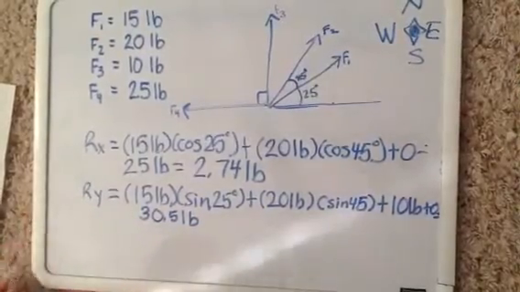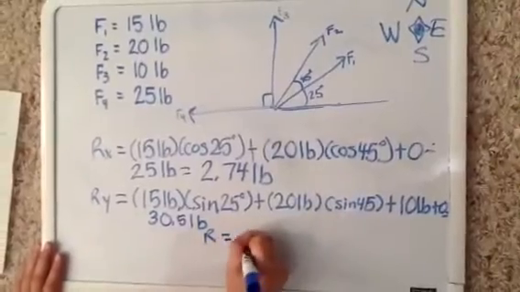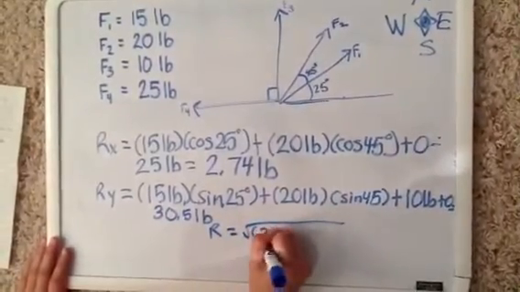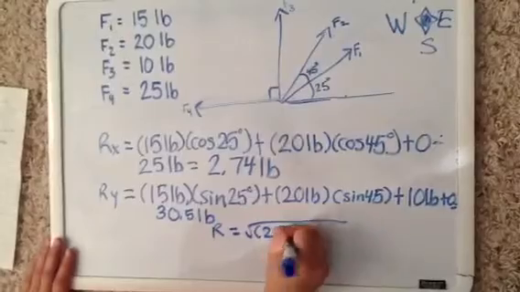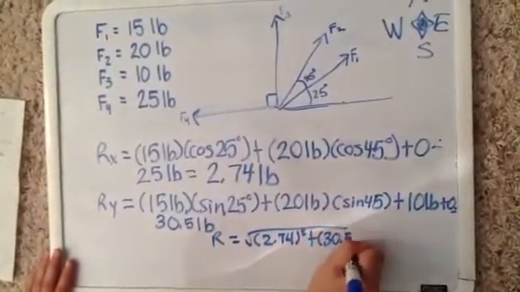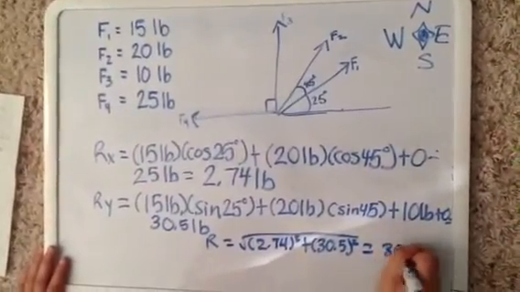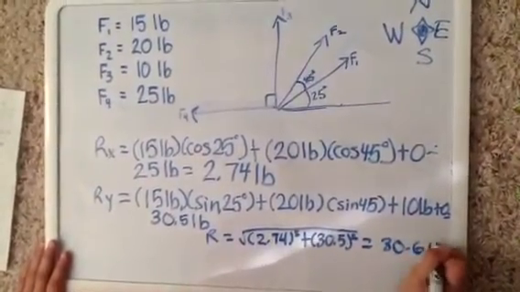Now since we have both the x and the y components, we can use the Pythagorean theorem to solve for this. So it would be 2.74 squared plus 30.5 squared, equaling 30.6 pounds.